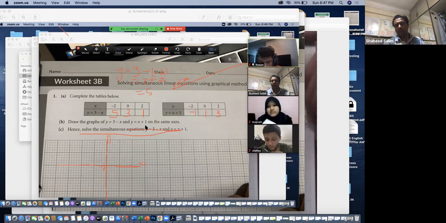What does it mean to solve? It means where the points cross each other, the point of intersection. Give the coordinates of x, give the coordinates of y. That's what it means. You find your point of intersection. Inshira, what's your point of intersection? The coordinates, give it to me.